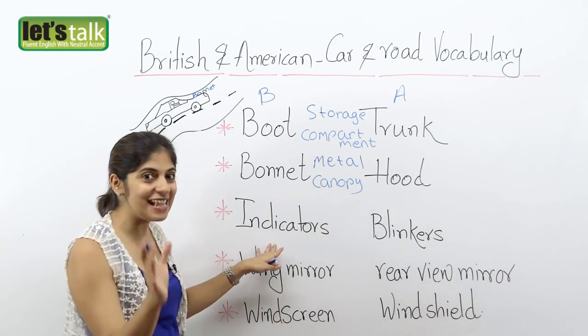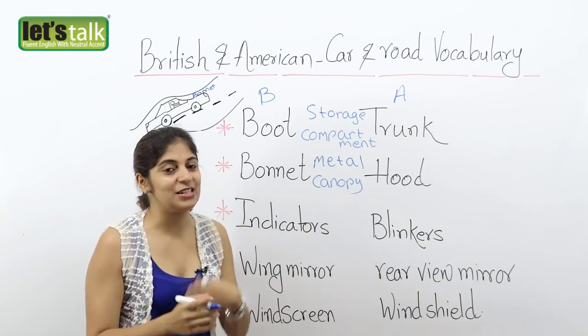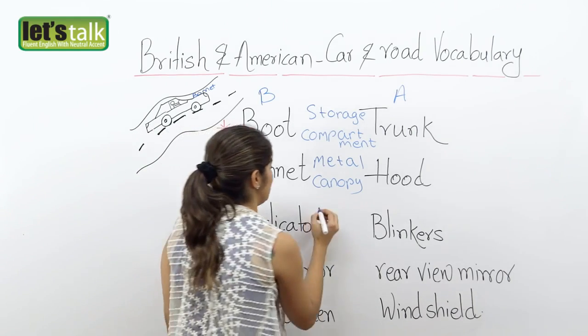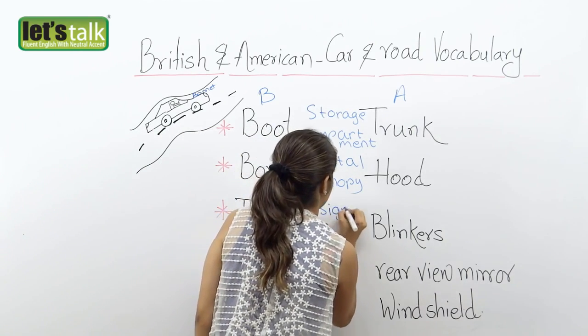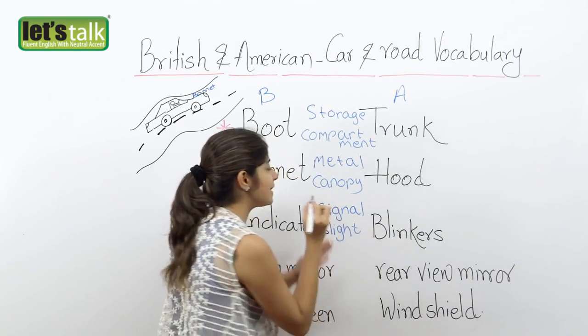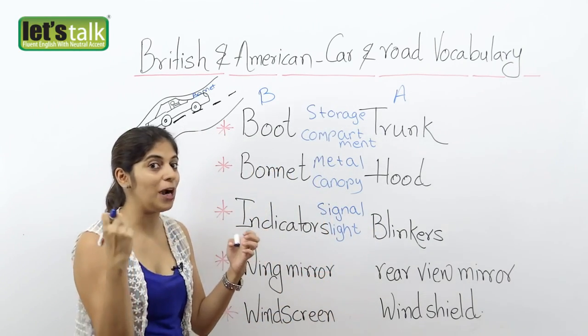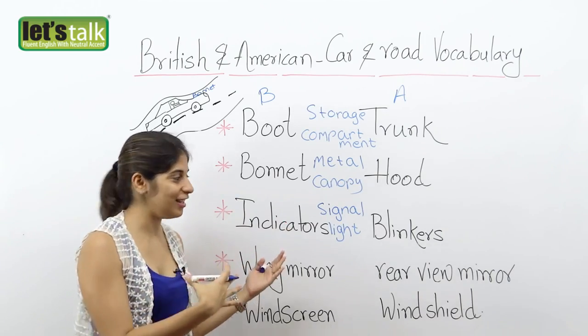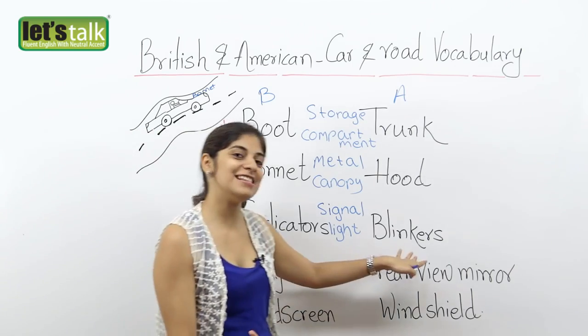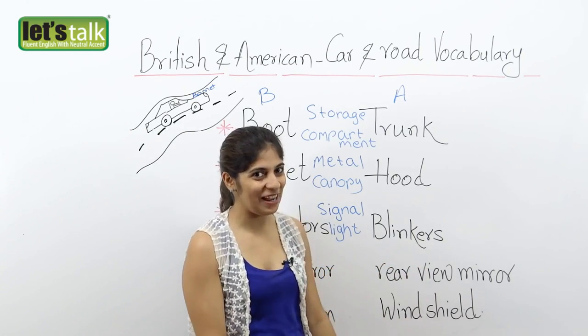So it's the signal that indicates that you have to turn left or turn right. It's the signal light that flashes or blinks. So in British English, it is indicators, whereas in American English, it is called blinkers, right?